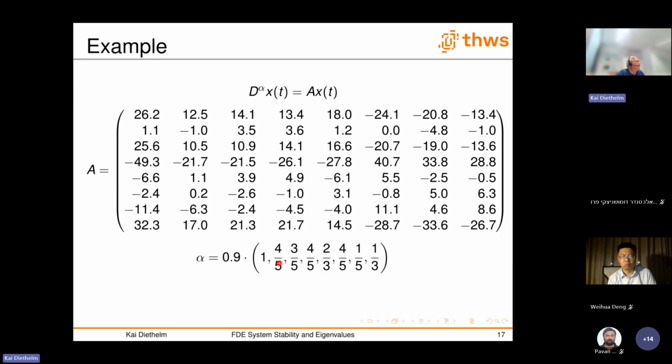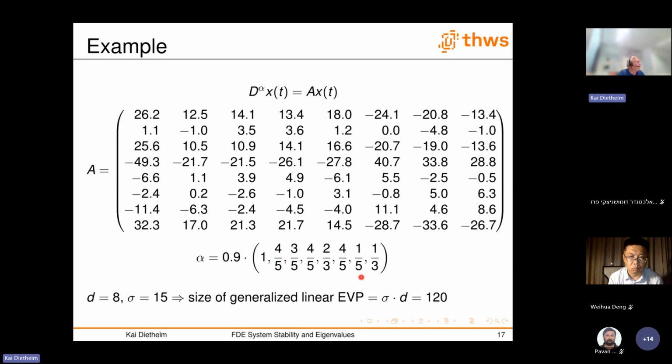And you can see when you look at those numbers that the smallest common multiple is 15. So sigma is 15. And that means the size of the generalized linear eigenvalue problem is 8 times 15. That's 120. This matrix, as I said, has two eigenvalues in the right half of the complex plane. It gives you an unstable system for first order differential equations. But that doesn't necessarily mean anything about the fractional system.